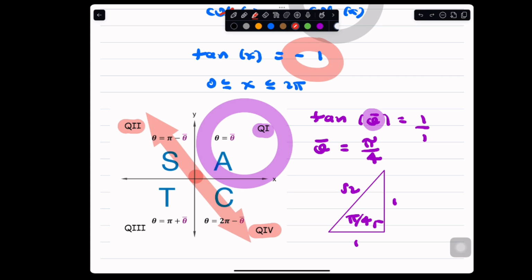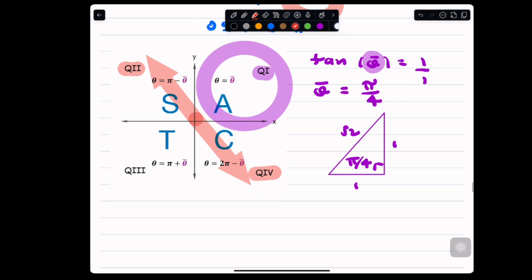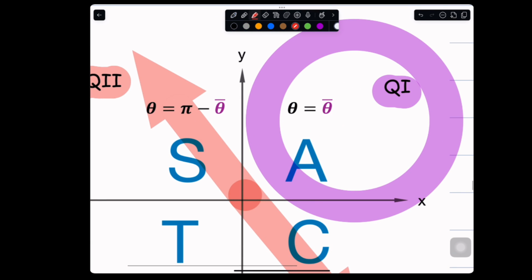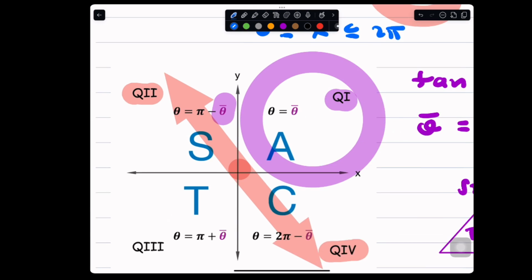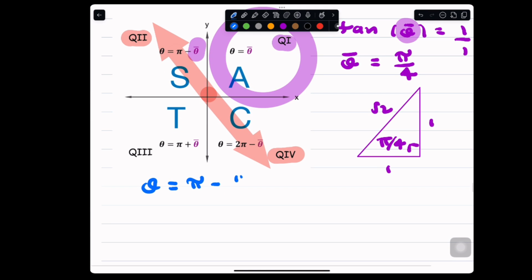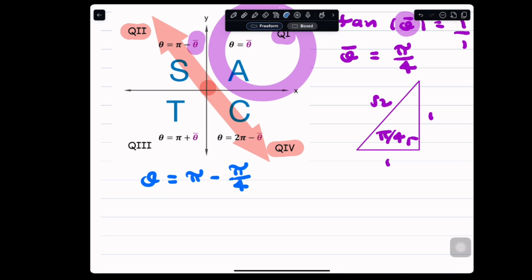And again, this is the opposite quadrant situation. So you might say, well, how do I find the angle? Well, for quadrant 2, it's pi minus the what? Remember that pi minus the reference angle? So the reference angle is pi over 4. So it'll be pi minus pi over 4. This will be the first solution.